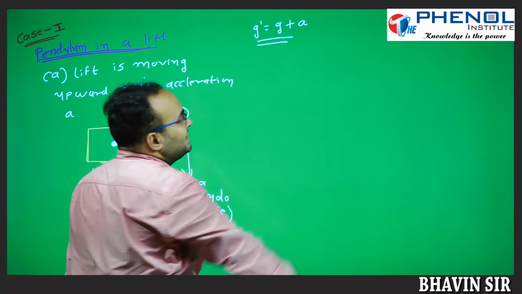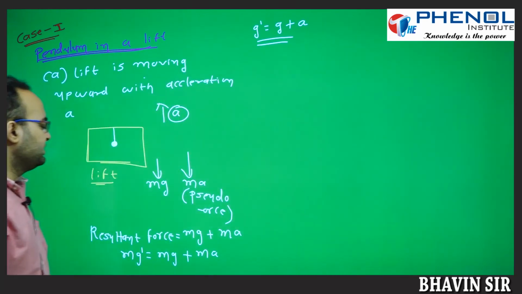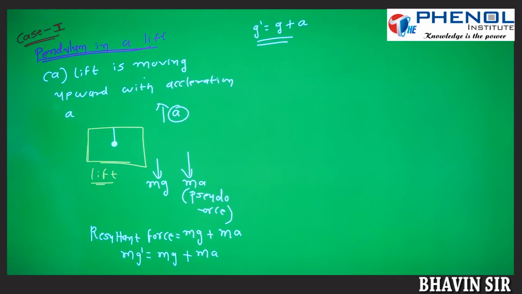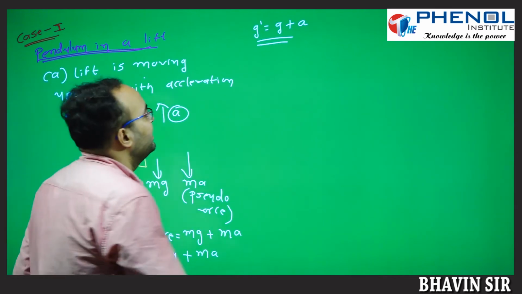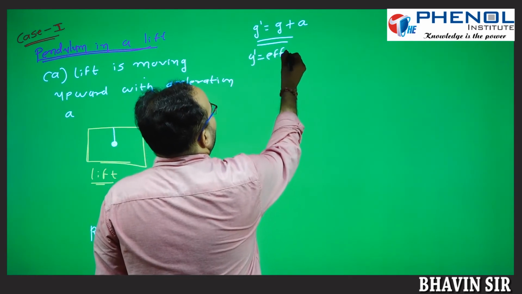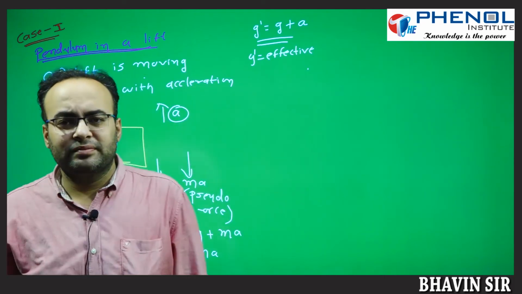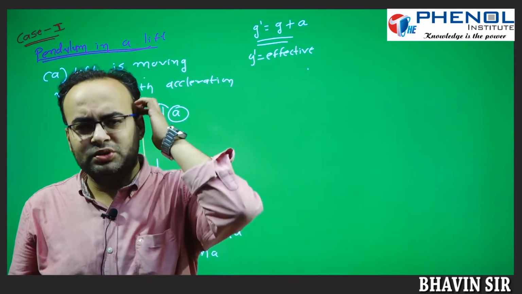What is g dash? g plus a. And g dash means what, students? g dash is the effective gravitational acceleration. What is the meaning of effective? When two or more accelerations are there, then it is known as effective.